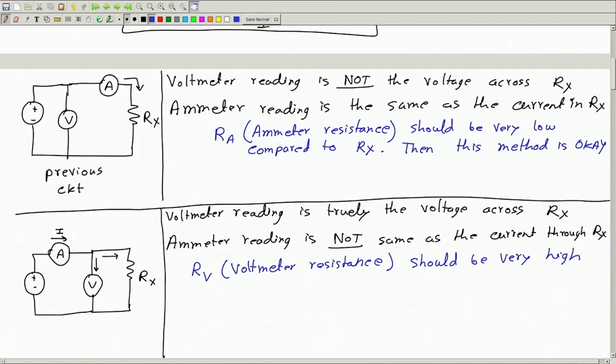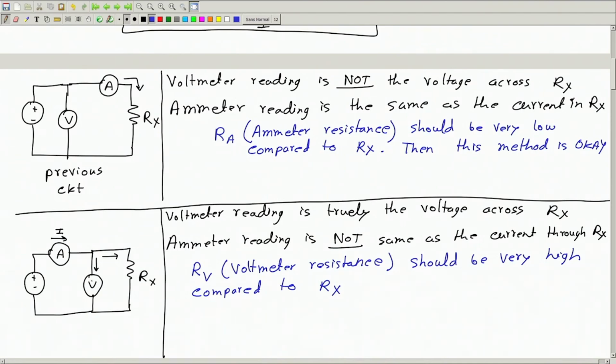We have seen this before when talking about ammeters and voltmeters. Voltmeter resistance is very high, ammeter resistance is very low. So Rv should be very high compared to Rx.